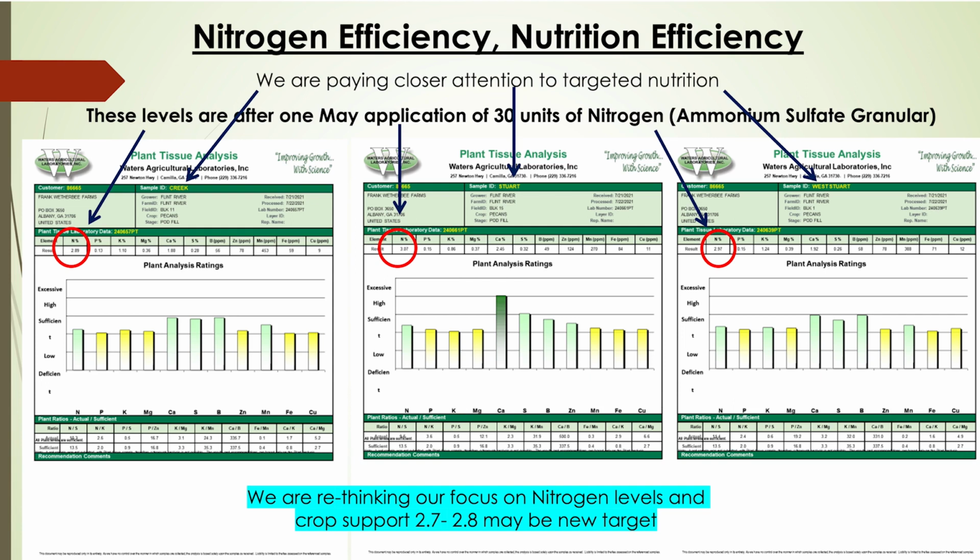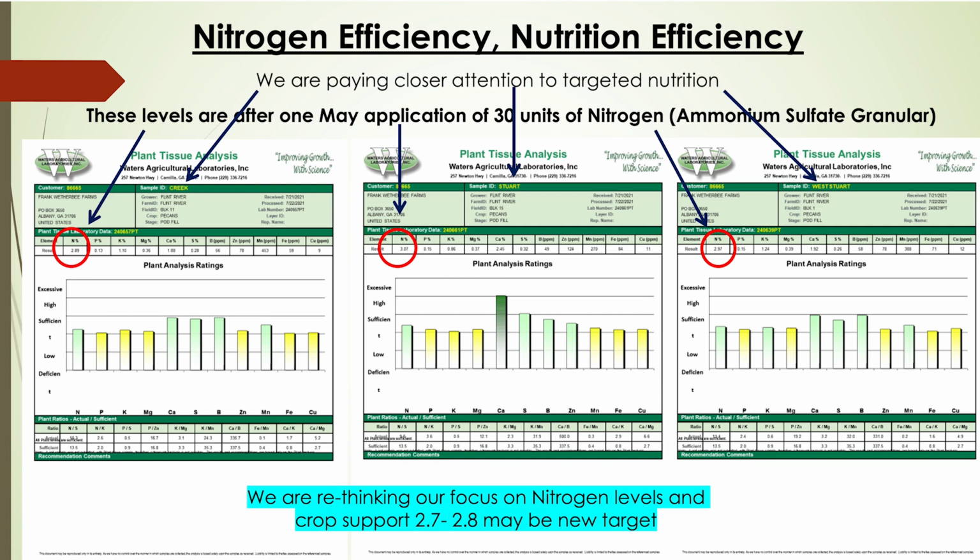We're also rethinking our focus on nitrogen levels. 2.9 to 3.0 used to be what we would be pretty thrilled with. 2.7 we considered low, but now we're thinking that a 2.7 to 2.8 might be the new target. Reason being, it gives the tree enough nitrogen to fill out a crop, but not an overload of nitrogen where it creates a lot of wood growth.